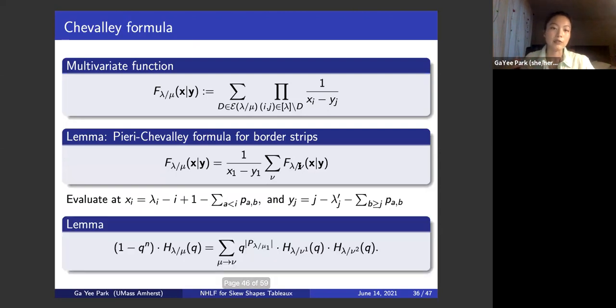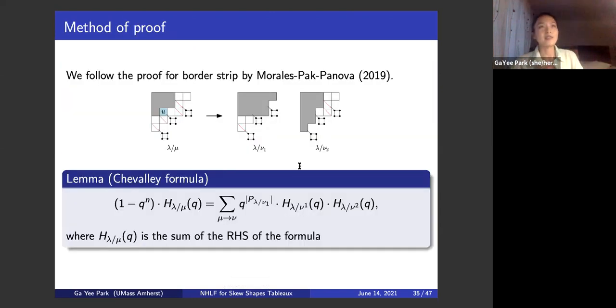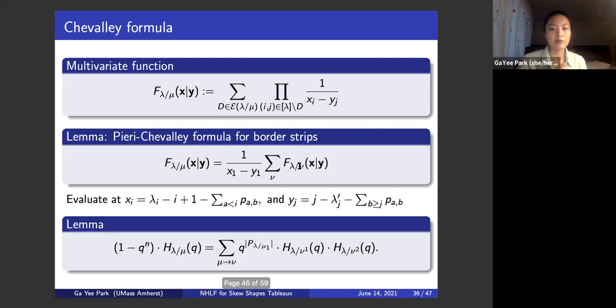And we can rewrite this f in terms of h. H here is the sum over the excited diagrams on the right-hand side of my formula. So I can rewrite this f in terms of h, and I now have the variation of the Chevalley formula.